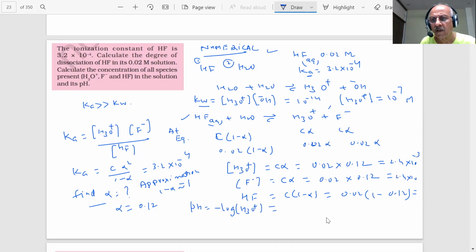And HF concentration is 17.6 into 10 raised to power minus 3. Then what is the pH?